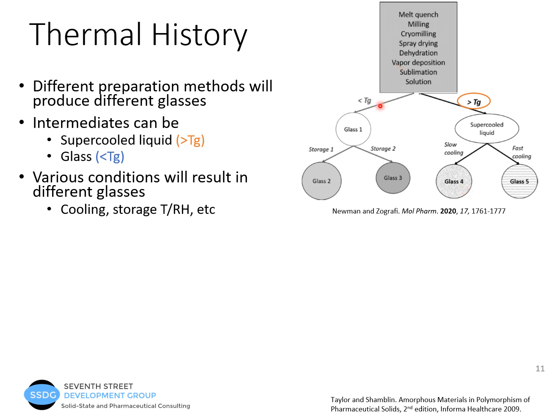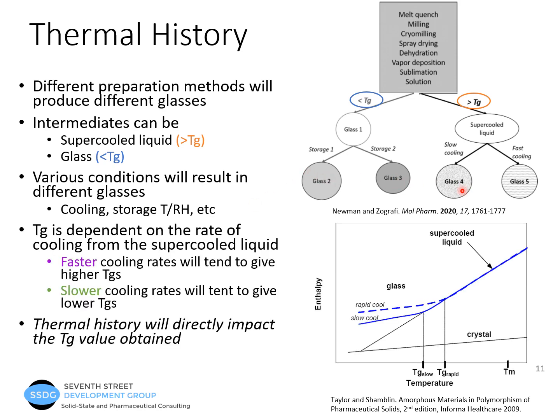If you go through the glass, which would be below your glass transition temperature, then you can end up with different storage conditions, different handling conditions, which again can give you significantly different glasses. Some of these conditions are the cooling rate, the storage temperature, and the storage RH. All of these can produce different glasses when you're manufacturing amorphous materials.